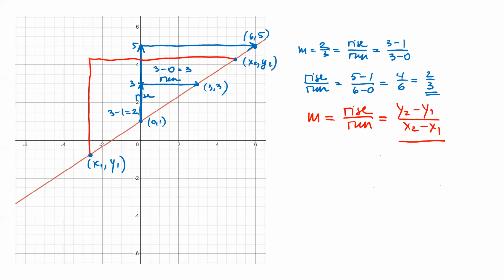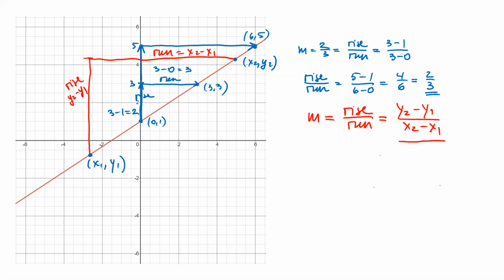So let me label this again. This is going to be what? y sub 2 minus y sub 1, and this is the rise. And this one is the run, which is x sub 2 minus x sub 1.